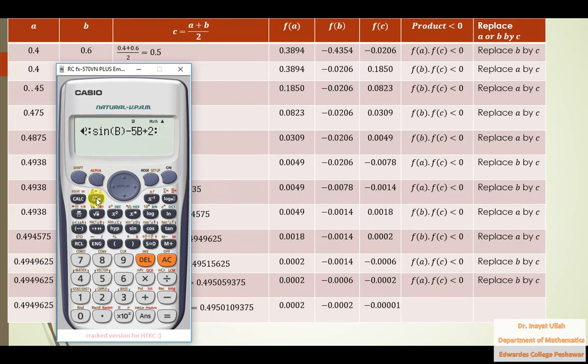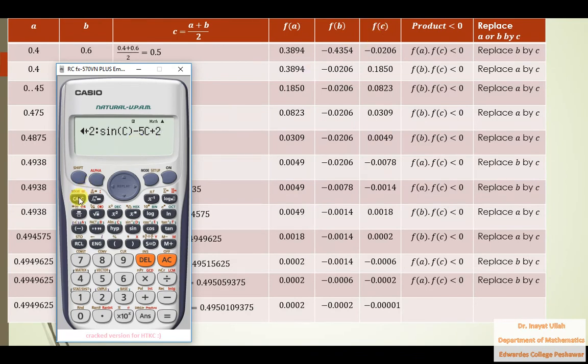Now we replace x by c, so sine c, then close this bracket, minus 5c plus 2. So we have put the value of c, f of a, f of b, and f of c.